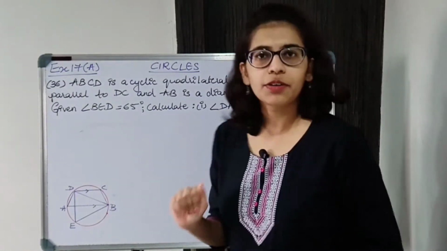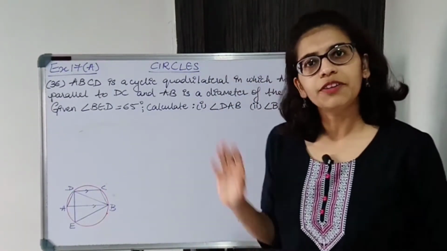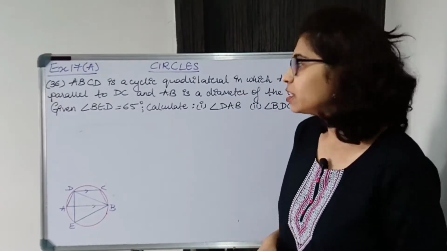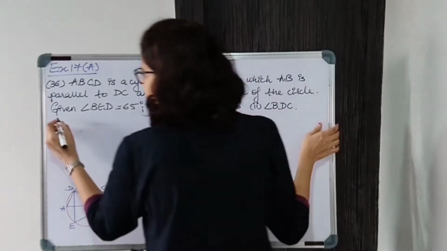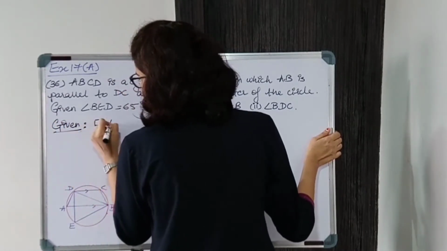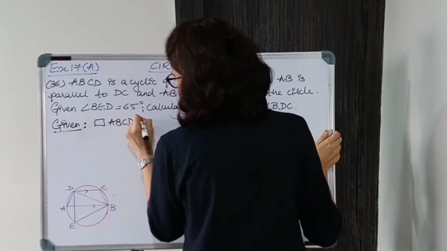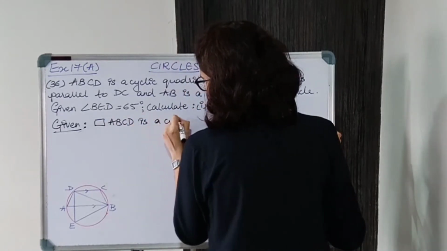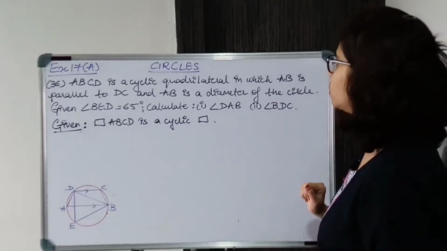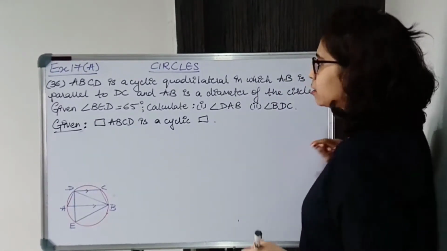You're given this diagram. Now I'll write down the given and to find part first, and then we'll start with the solution. It's very easy. Given: quadrilateral ABCD is a cyclic quadrilateral, you have to write down the full word. AB is parallel to DC.